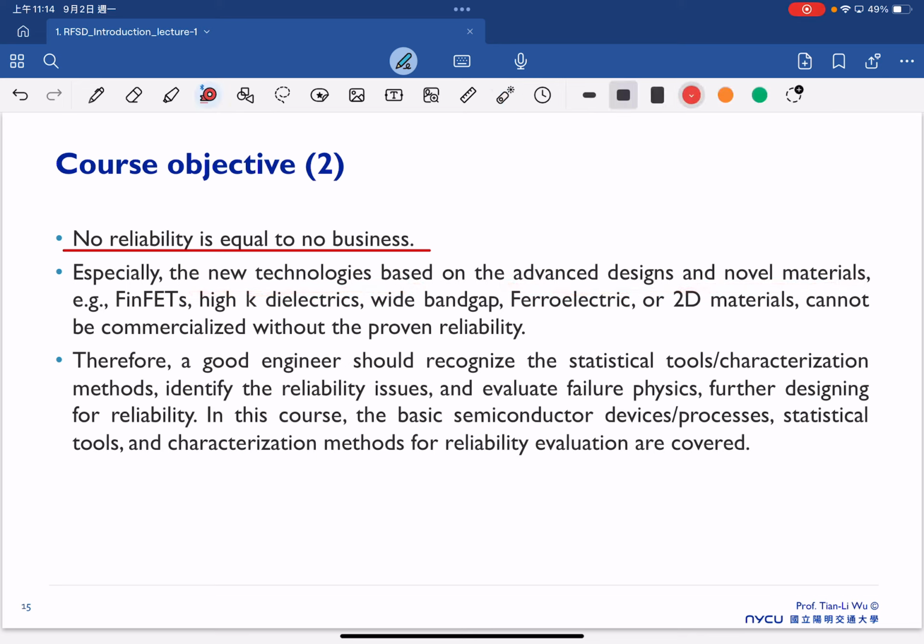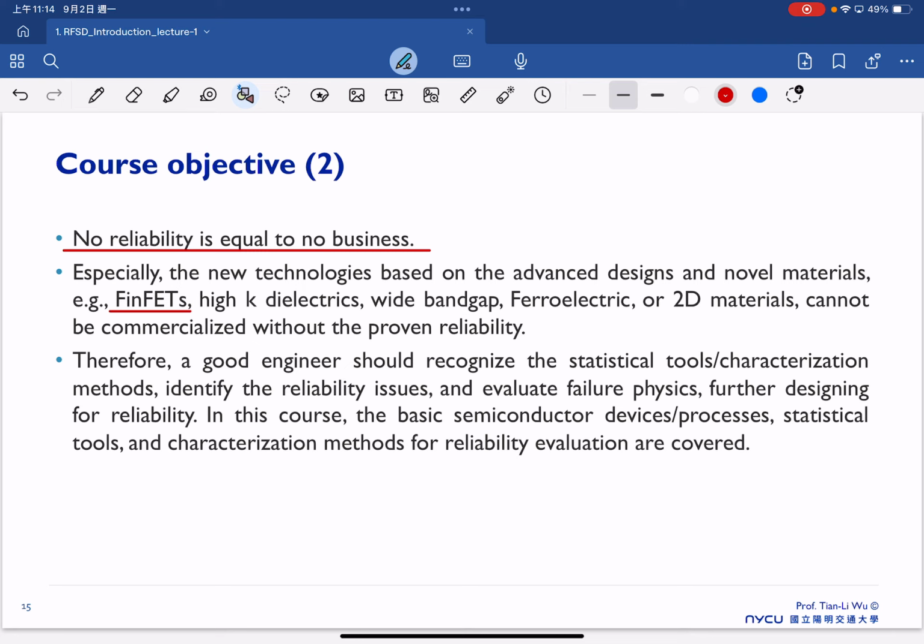For example, like the FinFET. Although FinFET is not a new technology anymore, it has been around since 2000, we still do lots of scaling in the FinFET, we do the stacking, we do the new gate stack, we reduce the pitch.